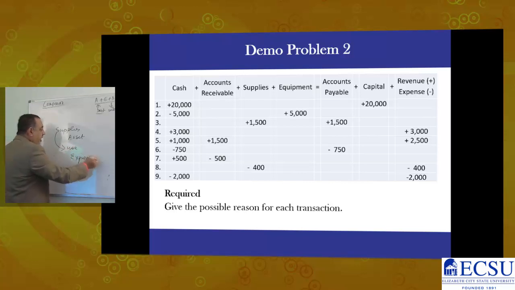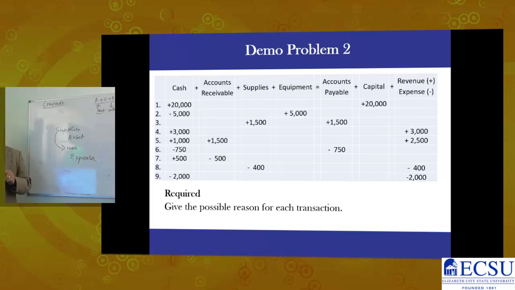Please remember that fact. Until it is used, it is an asset, but once it is used, it is an expense. That is why you can see supplies is reduced by 400, but out here there is an expense of 400. So in the last column, plus is revenue, minus is an expense. So that's why we see we have transferred our supplies account to the expense account.